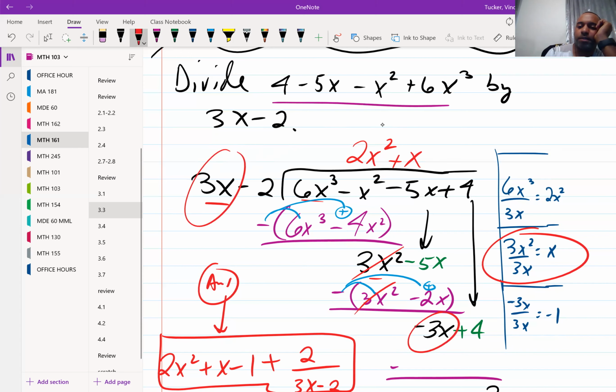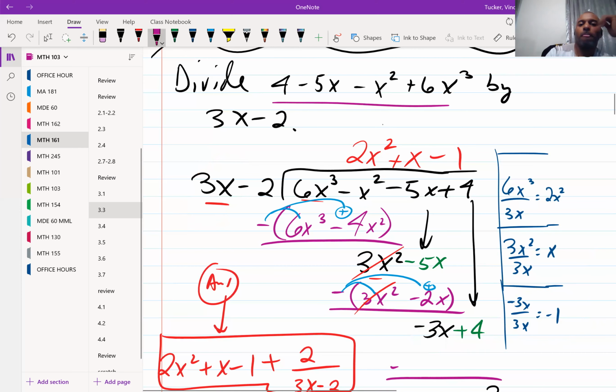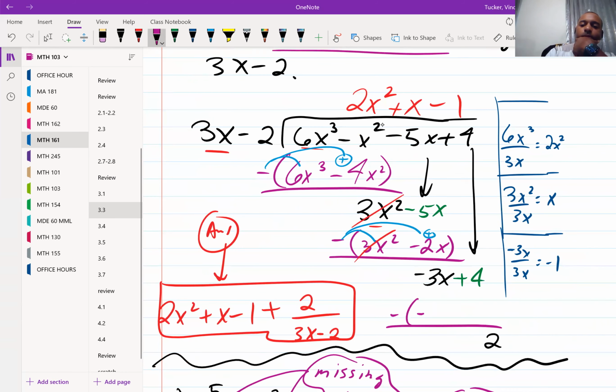Compare first terms again. Negative 3x divided by 3x would be negative 1. Multiply that to both of these numbers out here. Distribute that negative. These cancel.